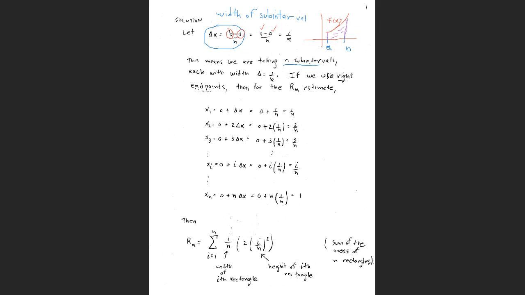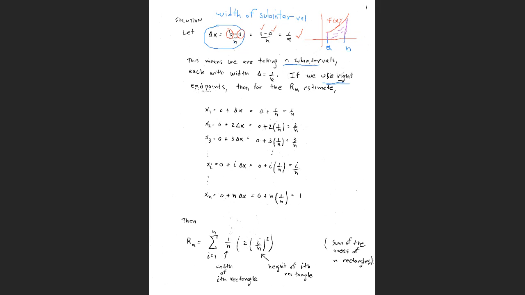So 1 minus 0 over n is 1 over n. So the width of your subinterval is a function of n. It depends how many subintervals you're going to take, n subintervals. And what we're going to do here to find the exact area under the graph is use right endpoints.